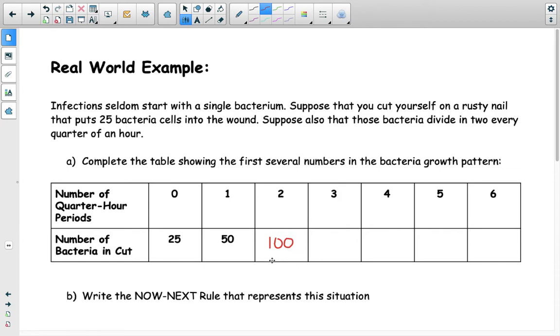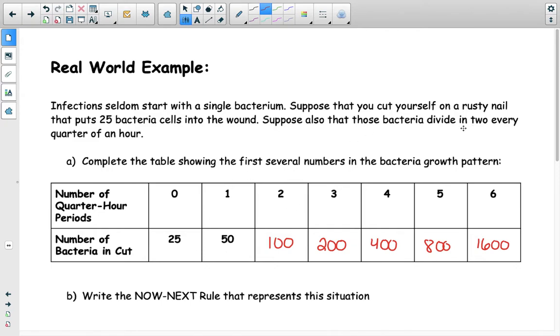Then the next time, these 100 bacteria will split, and they'll get another 100, so we'll end up with 200 bacteria. At the next quarter hour, we'll end up with 400 bacteria. The next quarter hour, 800 bacteria, and then the next quarter hour, 1,600 bacteria.